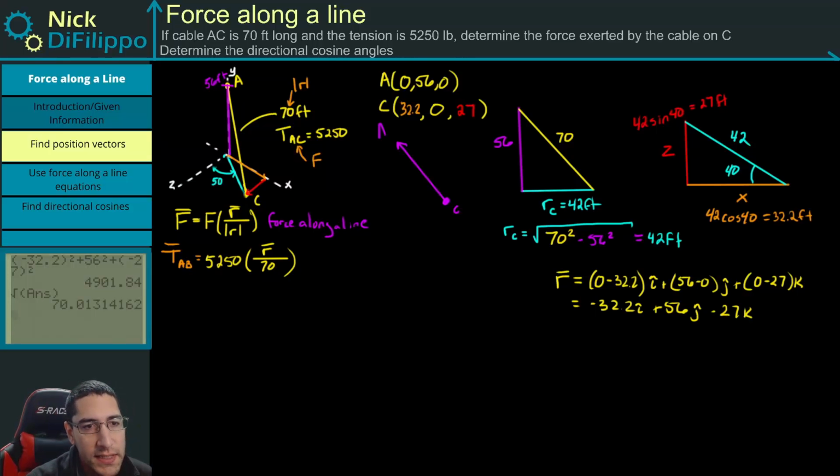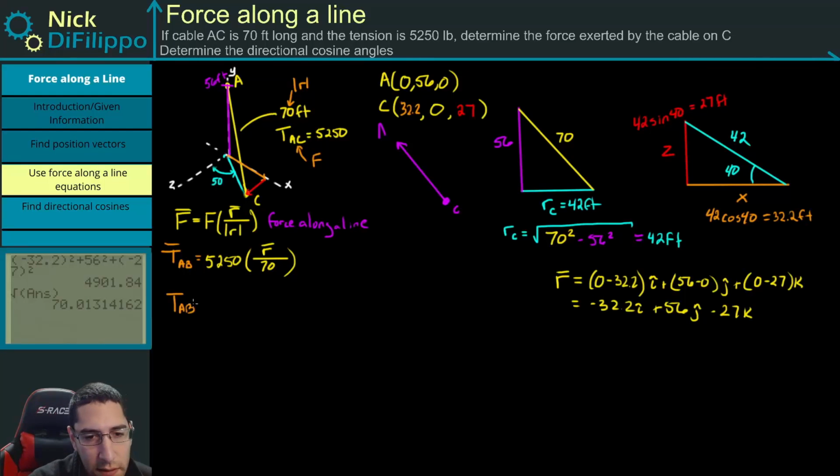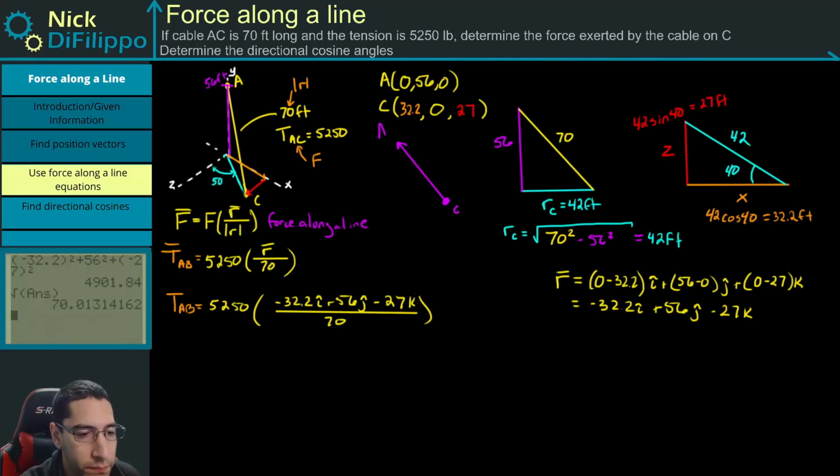So now we can put this into this equation. We can say TAB is equal to 5,250 times minus 32.2 I plus 56 J minus 27 K over 70. And we can calculate this.